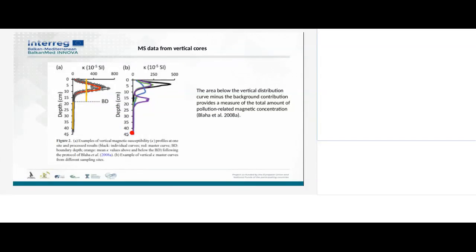In some sampling points, different susceptibility curves were obtained with two maxima, which are probably related to dumping of waste material in older times.